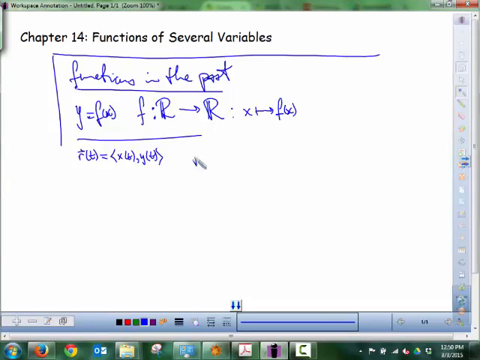And then we have a notation to describe it as a function that takes a scalar as an input, and then outputs something that is beyond the scalar. So a vector, a point in 2 dimensions or in 3 dimensions, depending on how we want the function to look.